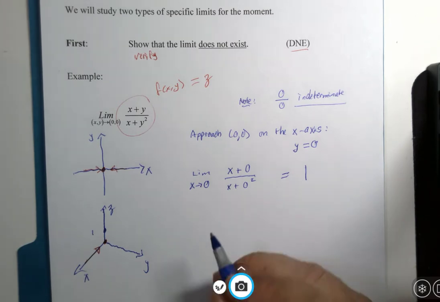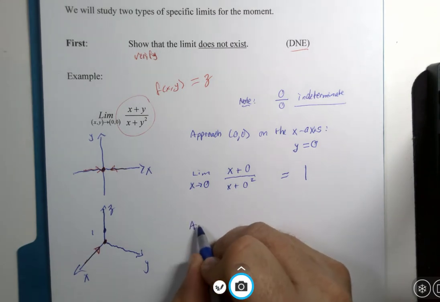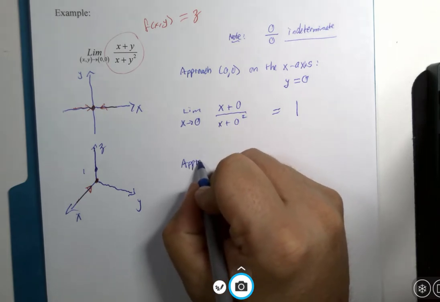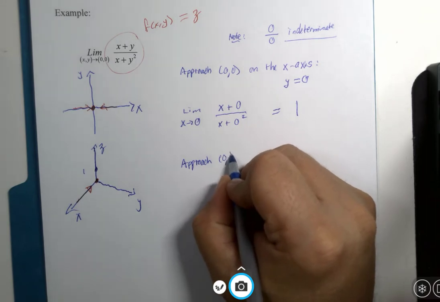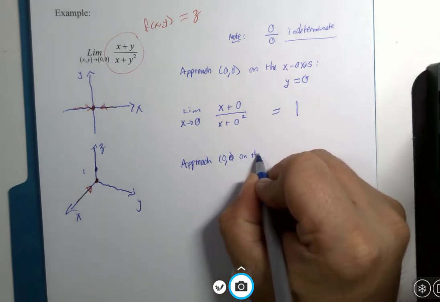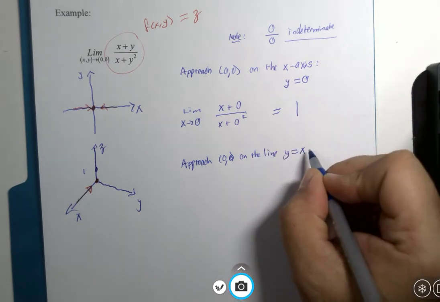Now, let's try approaching the origin from a different direction. Let's approach 0, 0 on the line y equals x.